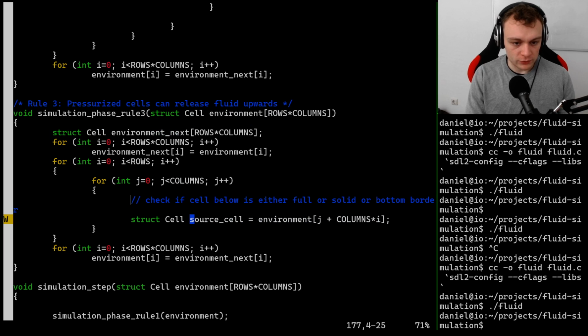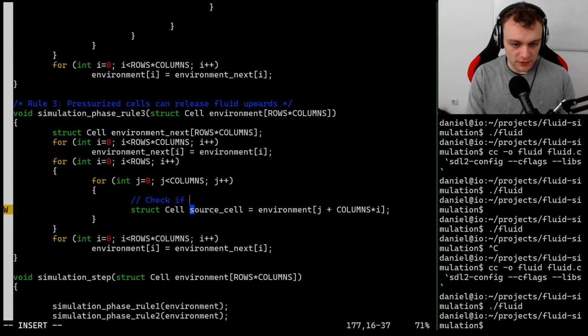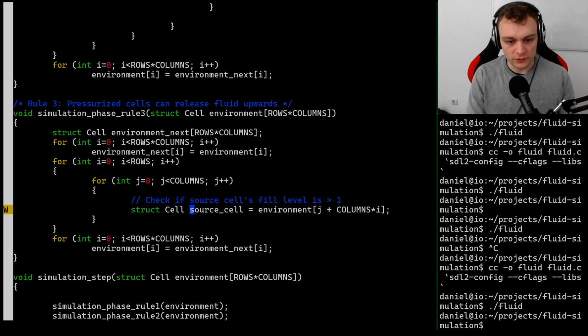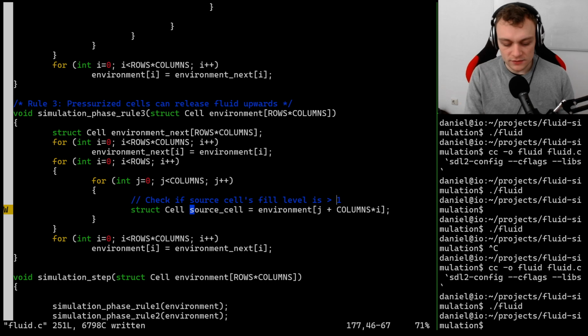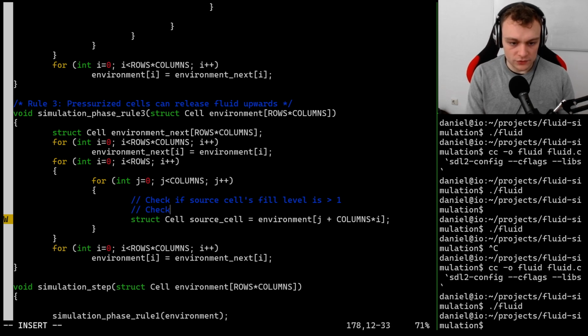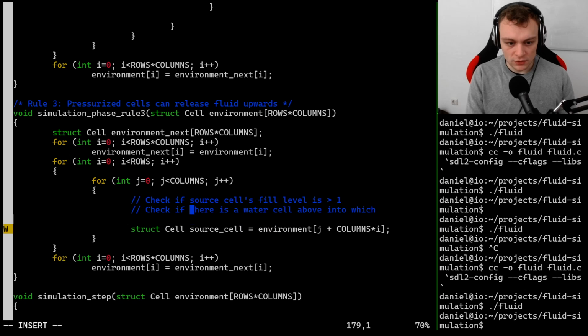And in rule number 3, we need to check if the source cell's fill level is bigger than 1. And also we need to check if there is a water cell above into which fluid can be transferred.